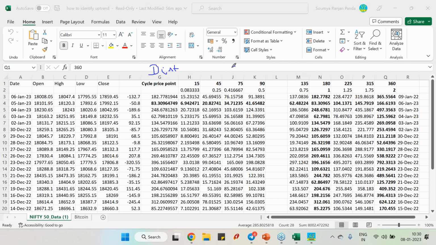Discrete data means there is a gap: 1 to 10, again 10 to 20, so equal depth will be there. So 20 to 30, this is known as discrete data. You can put decimals also, but the depth will be the same: 0 to 10, 10 to 20, 20 to 30, 30 to 40. So this was the discrete data.